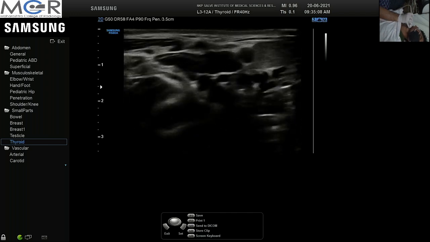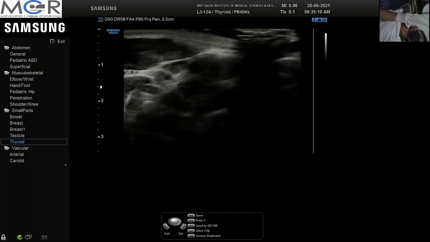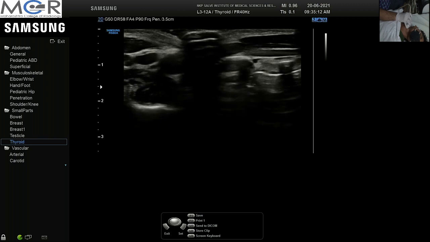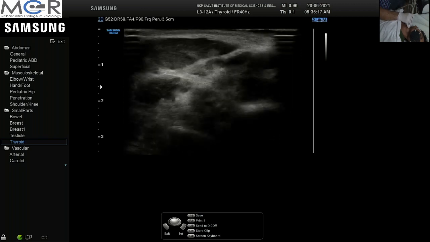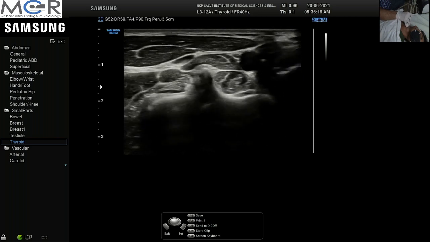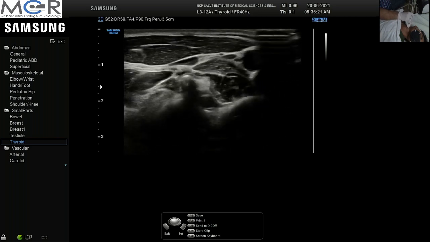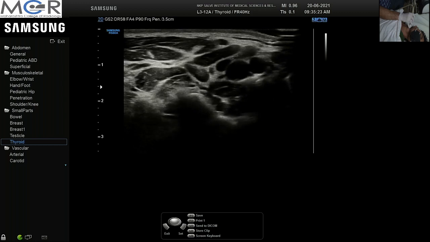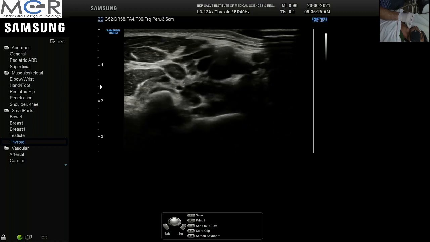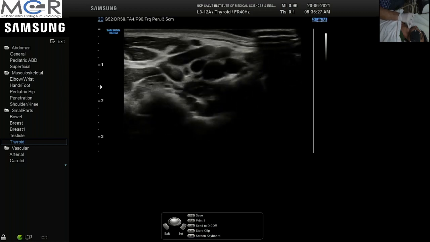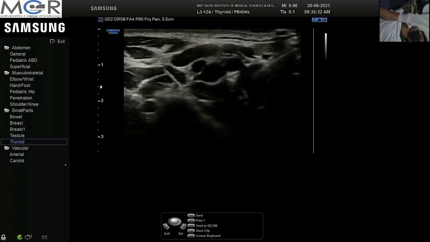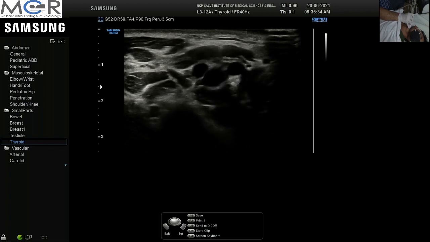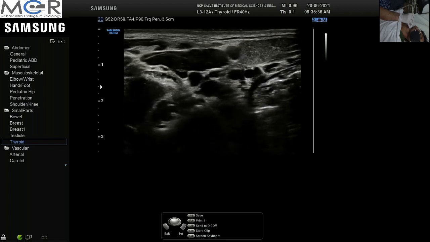We go down below the posterior belly of digastric, and then we see the upper cervical region. The upper cervical region contains the internal jugular vein, the carotid arteries, the bifurcation of the carotid, the vagus nerve, and the jugulo-digastric lymph node.